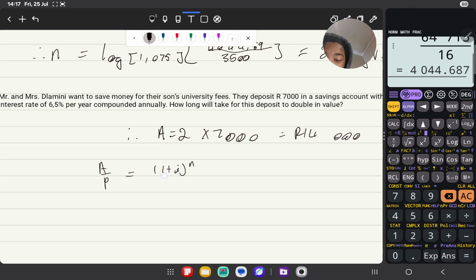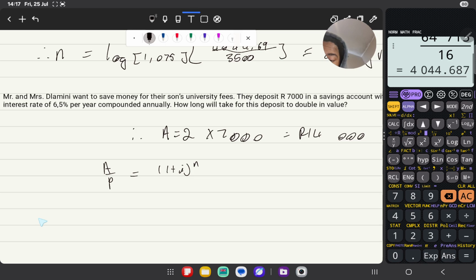From here on, you're going to do your substitution and say n equals log. Before substitution, I think it's even okay to start like this, honestly.